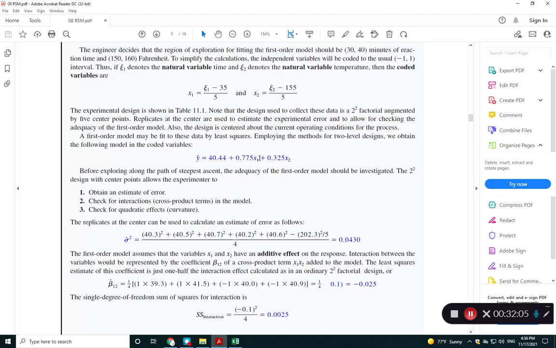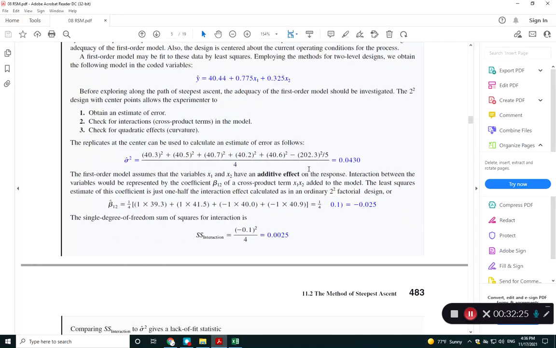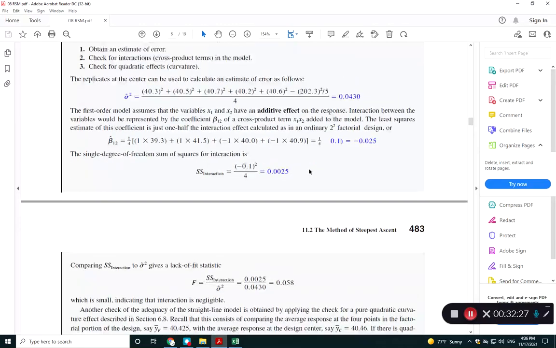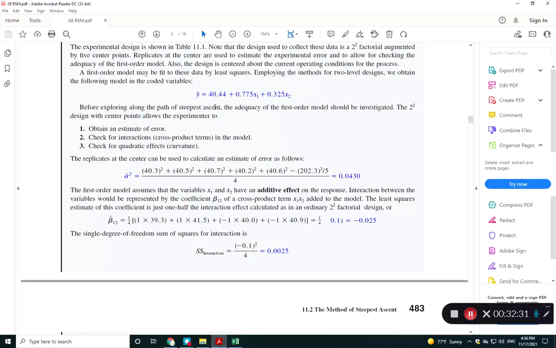That means that every unit of x1 I add, and every unit of x2 I add, will move the y 775 plus 325. Everybody sees that? You see that? I think so.